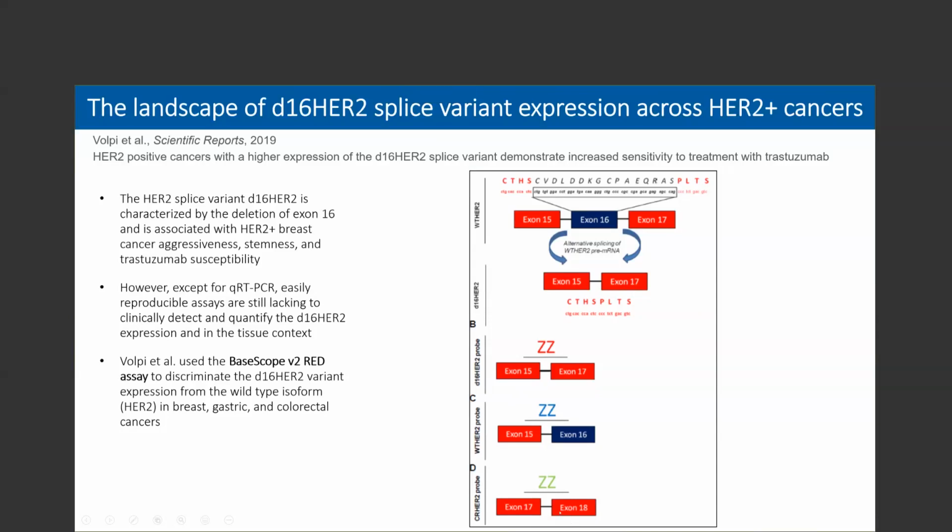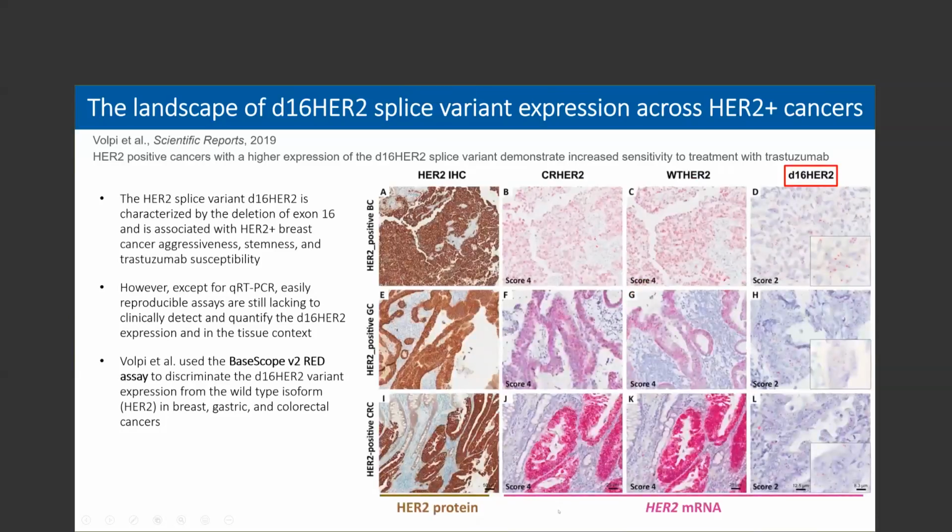So, Tapan, if you click again, here when they used all the three probes, on the far right-hand side panel, you can see that they were able to identify samples that have the delta 16 splice variant. In the middle, using the wild type probe, they were able to identify the wild type HER2, and the common region probe was able to detect both.